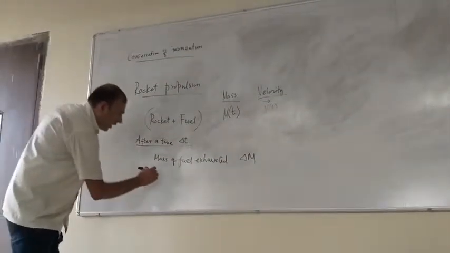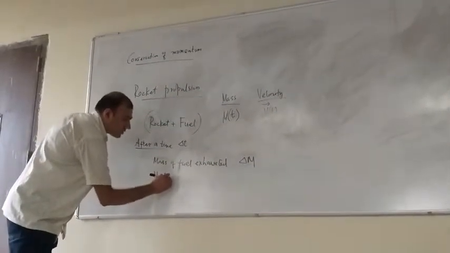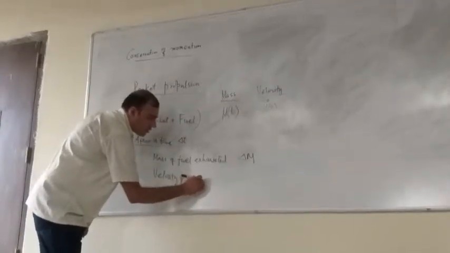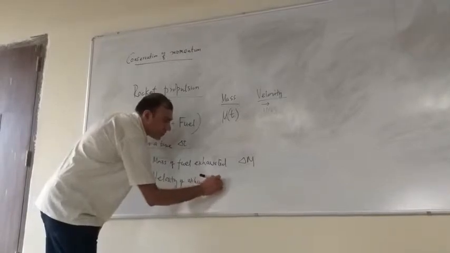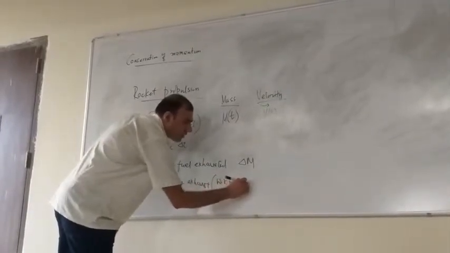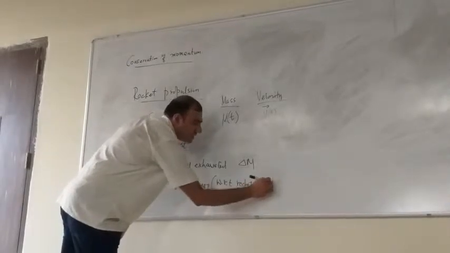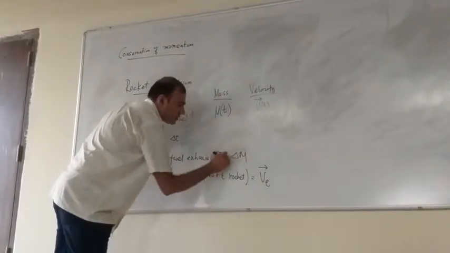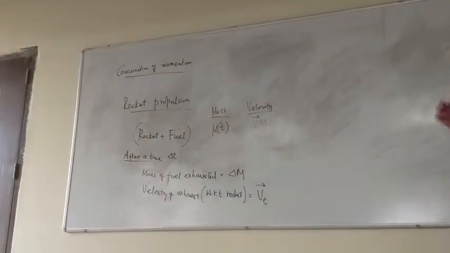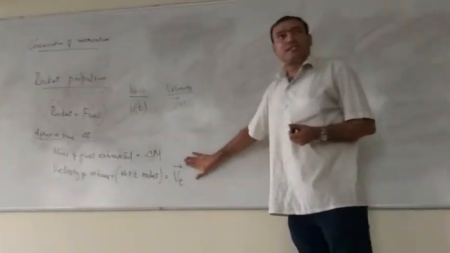And the velocity of the exhaust, with respect to the rocket, is Ve. Please understand this.